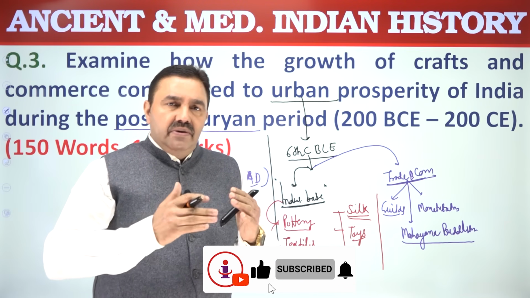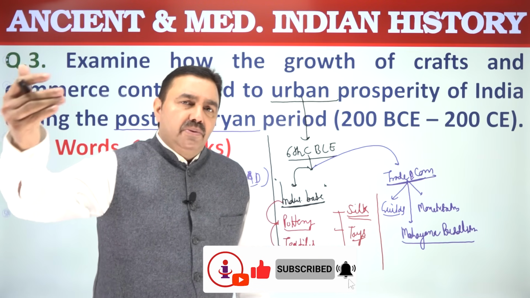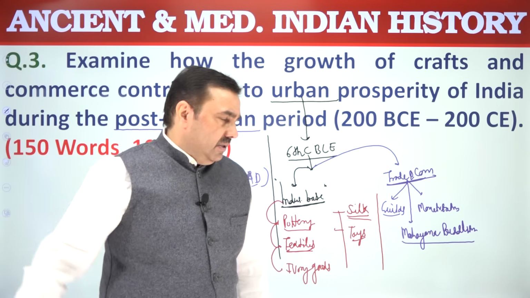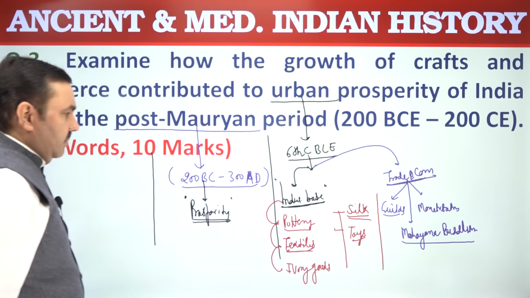Chinese Han rulers favored close relations with India, so Indians could import huge amount of Chinese silk, and that silk could be exported by Indians to other parts of the world, particularly the Roman Empire.